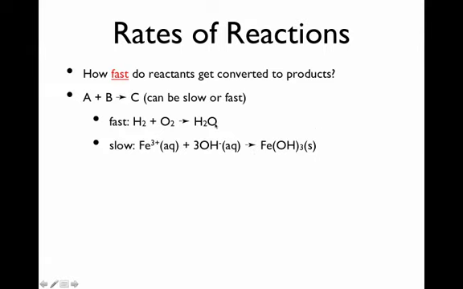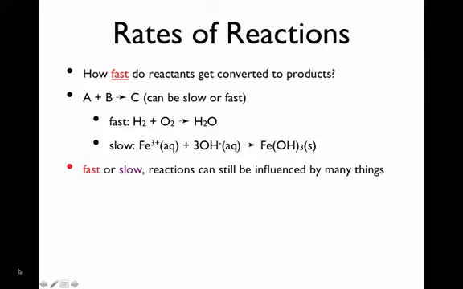So the punchline here is that some chemical reactions can be very fast, some can be extremely slow, even slower than years for some reactions. And it's not necessarily obvious just by looking at the chemical reaction whether a reaction will be fast or slow. Usually you have to perform actual experiments to figure out how fast or how slow a chemical reaction will be.